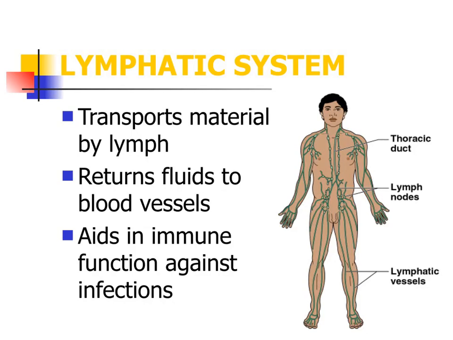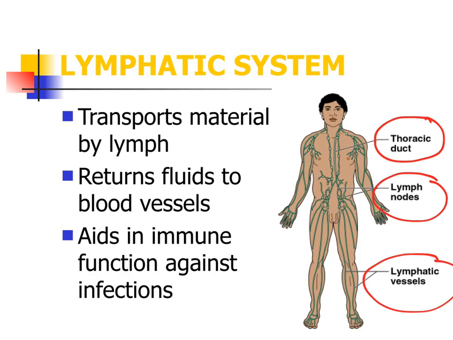Its major job is to return fluid lost from blood vessels back into the blood vessels, and it also helps in immune function to fight off infection. Major organs of the lymphatic system are the thoracic duct, the lymph nodes, and the various lymphatic vessels.